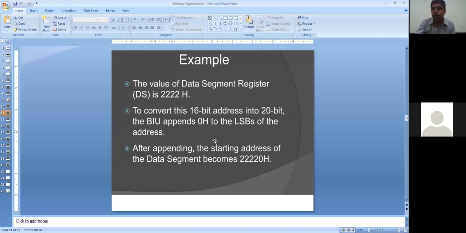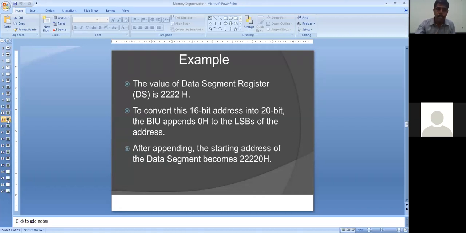Therefore, now our physical address will become 2222 appended with 0, that is 22220H. This is the internal functioning of the microprocessor that is taken care of by the bus interface unit. But the maximum size of data or address that we can store in the 8086 processor is only 16 bits.